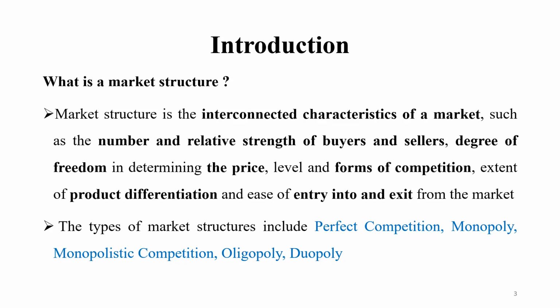Nowadays, you know there is a big issue with regard to egg prices, that the government imposed price ceilings and price floors at different times. So how does it affect? Is there any possibility for a single seller to determine the price of that particular commodity? So that is the strength of the buyers and sellers.